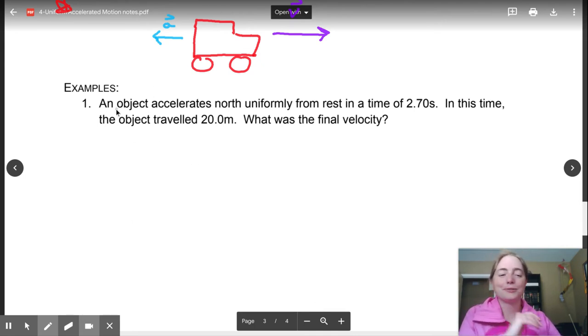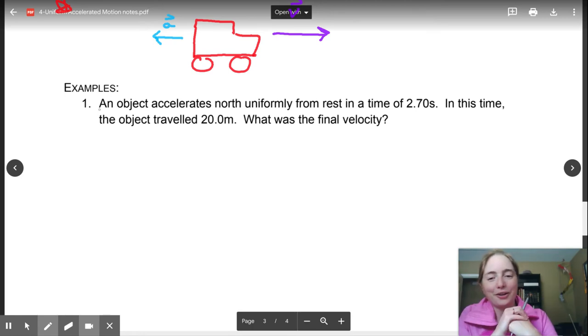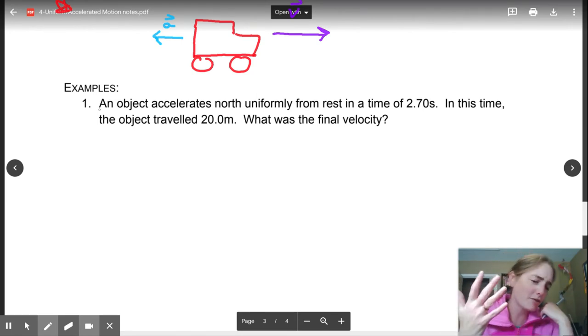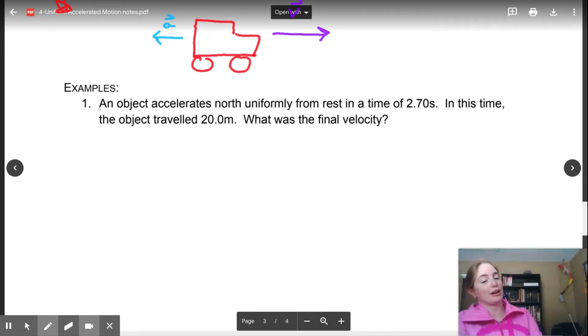All right, guys. Remember how I mentioned to list out the things that you have. I would have talked about this earlier when we were using v equals d over t, and you were probably sure, Mrs. Bray, I know how to do this three-letter equation. But now we've got pain coming, because we have 5 equations to pick from, and I'm not telling you which one to pick. You've got to figure that out yourselves.